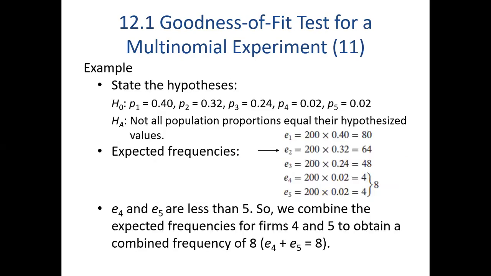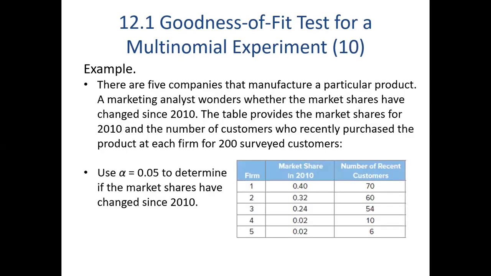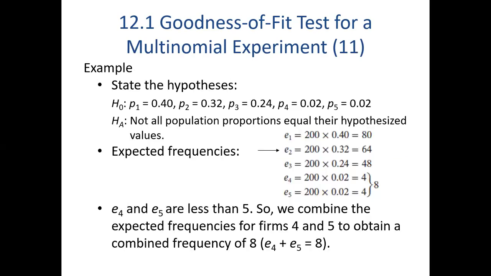So our null hypothesis will be the same proportions as in 2010. So it will be P1 equal to 0.4, P2 equal to 0.32, P3 is 0.24, P4 is 0.02, and P5 is 0.02. Alternate hypothesis, not all the population proportions are equal.